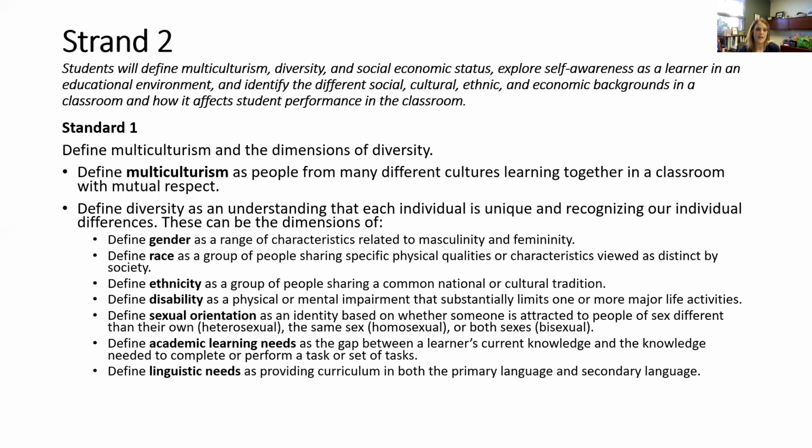So for Standard 1, lots of definitions that all deal with multiculturalism and diversity in the classroom. We're living in an age today where this is becoming more and more important, and we need to discuss the accepting of all cultures and of all diversity and embrace that diversity that everyone has. So this deals with that.